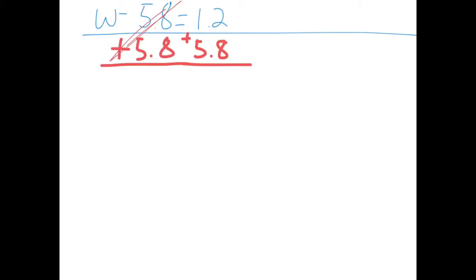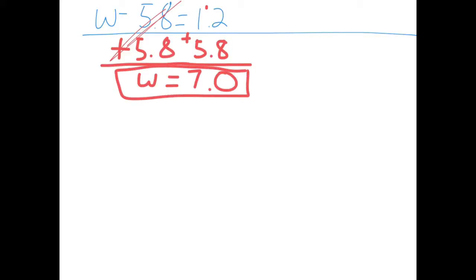But what you do need to do is do 2 plus 8, which equals 10. Don't forget to put that decimal point down, carry it down. 1 plus 1 would be 2, and 2 plus 5 is 7. So W would equal 7.0, or also known as just 7. So that is our answer.